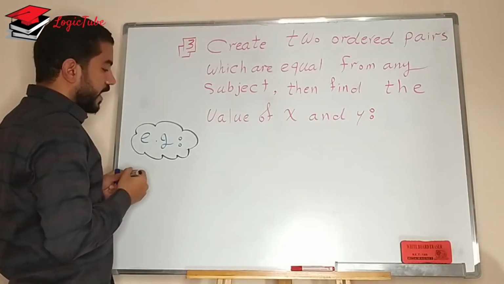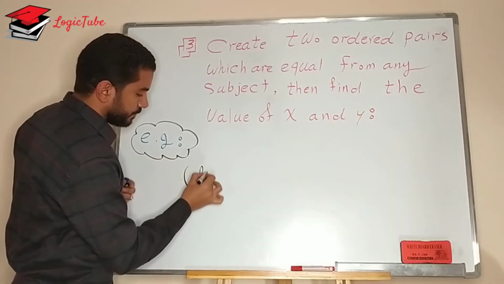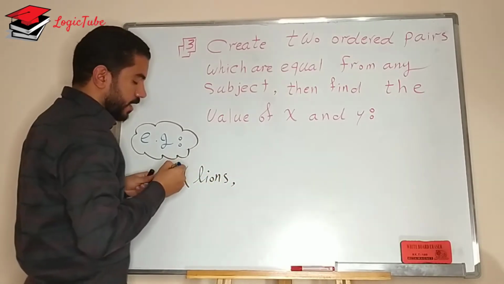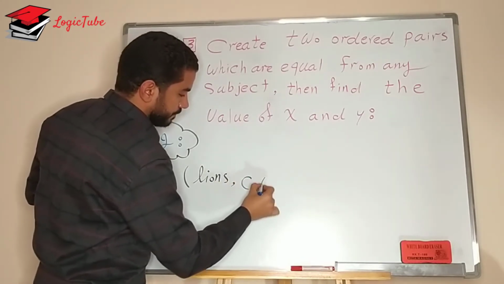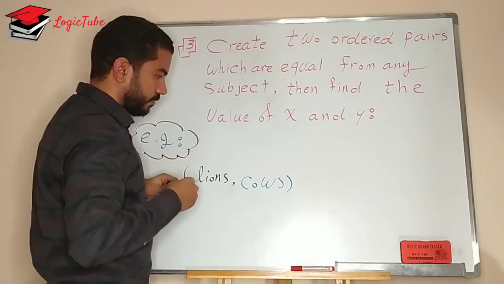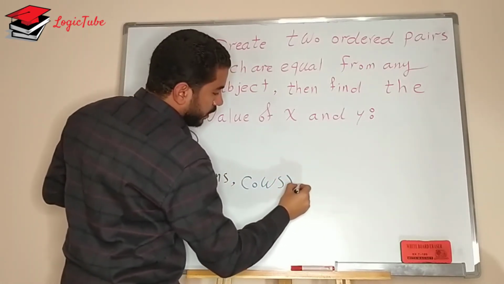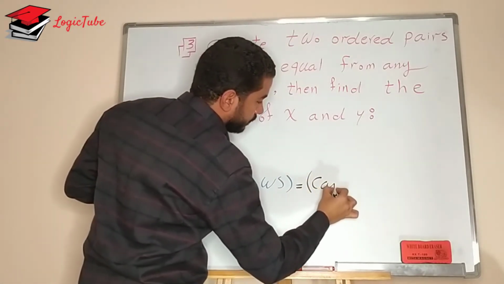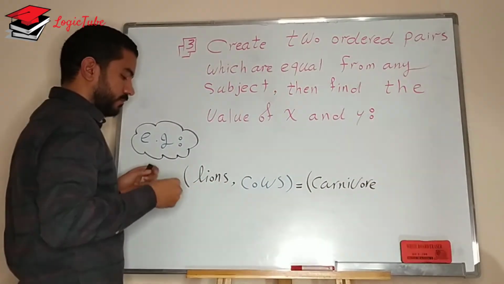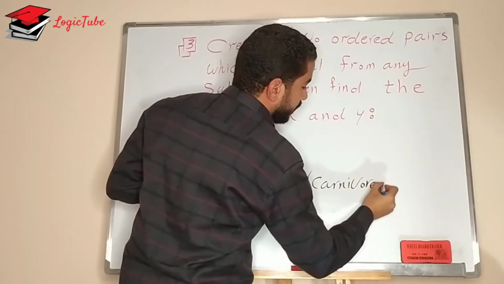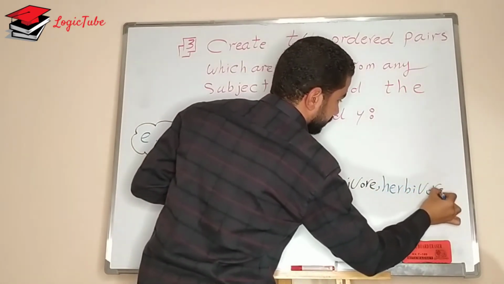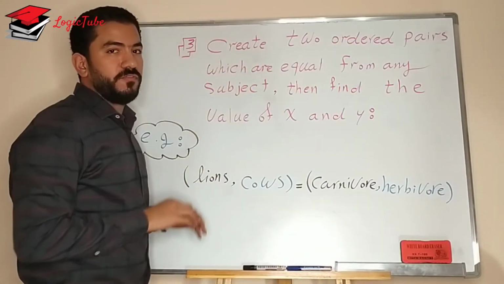For example, if we said the ordered pair of lions and cows equals carnivore and herbivore. Now I want to find the value of x and y.